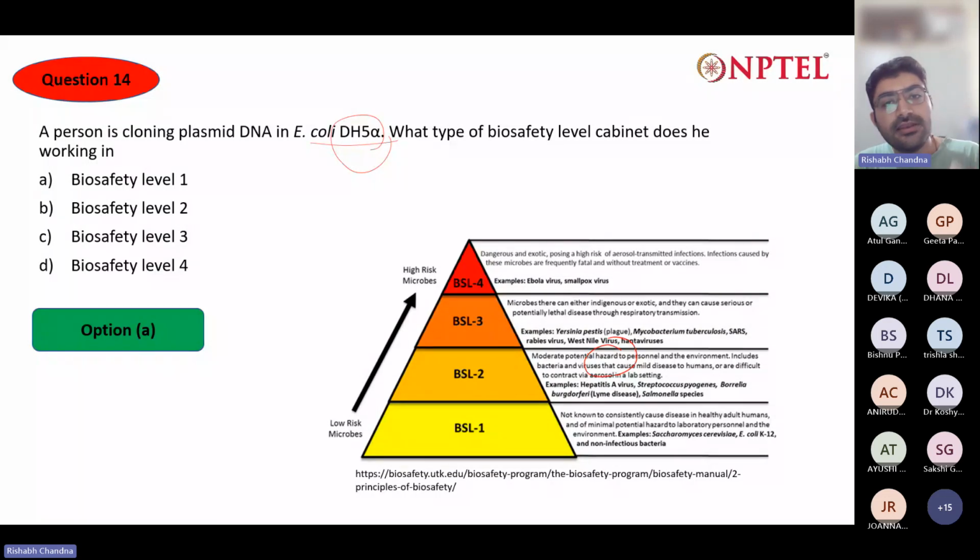And the final one is BSL4, which is really dangerous, infectious as well as communicable. High-risk aerosol-transmitted infections are included in this level, and Ebola virus and smallpox virus are examples that must be worked in BSL-4.